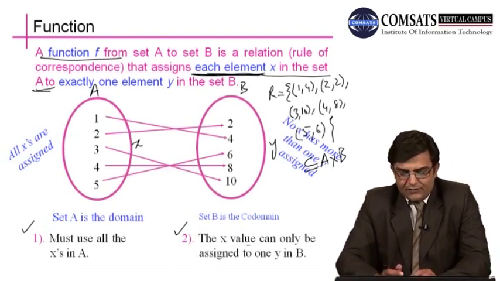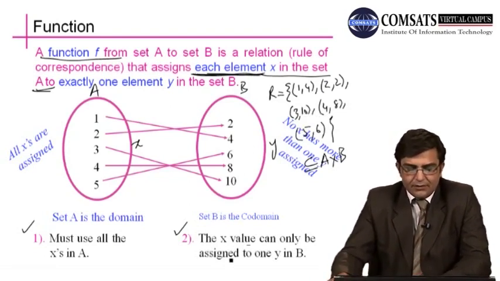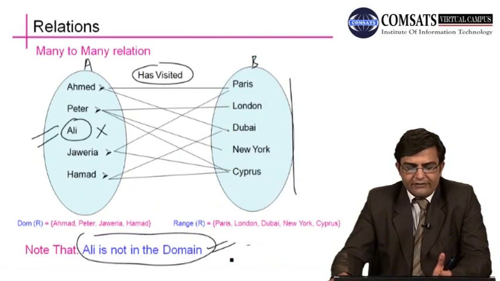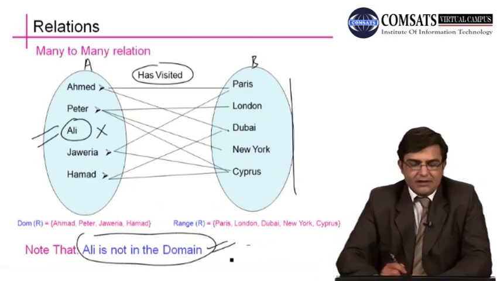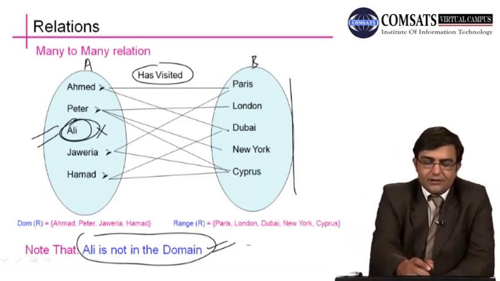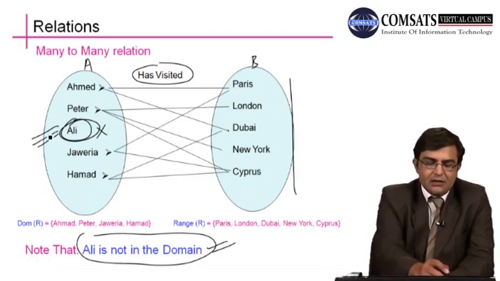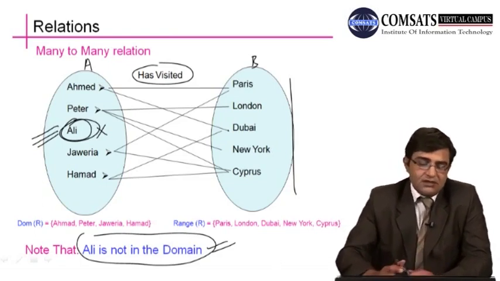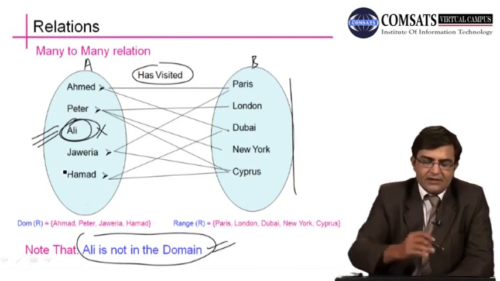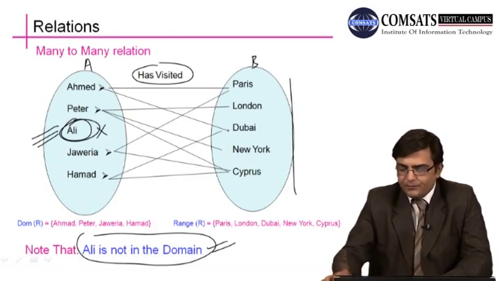How can we check whether these two conditions are violated? As in the previous example, in the many-to-many relation, Ali is not assigned to any city in the set B. So this is an extra element, not assigned to any element in set B. So this relation doesn't satisfy the first condition of a function.